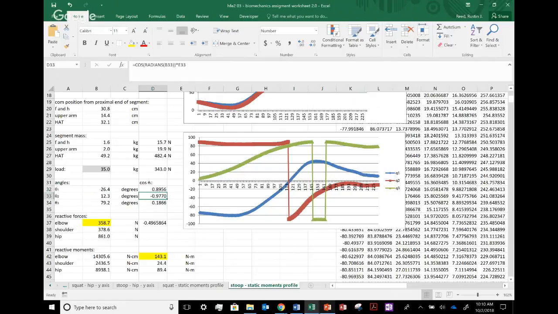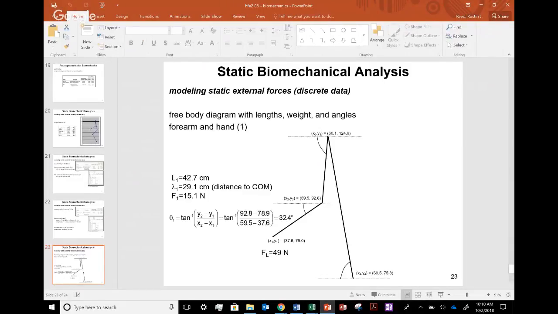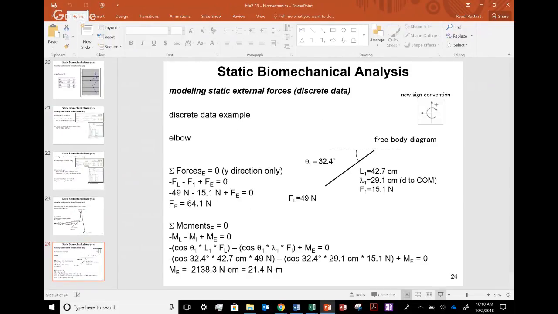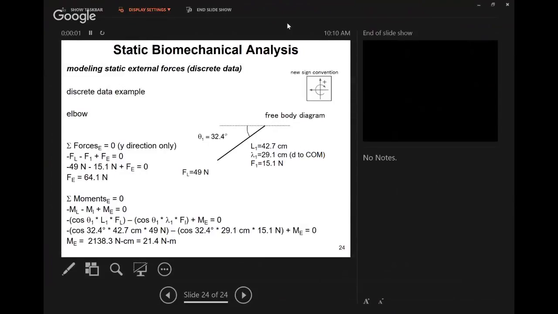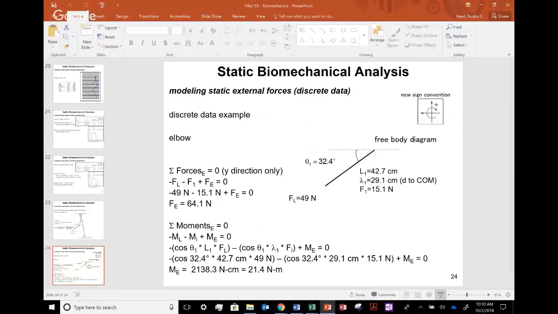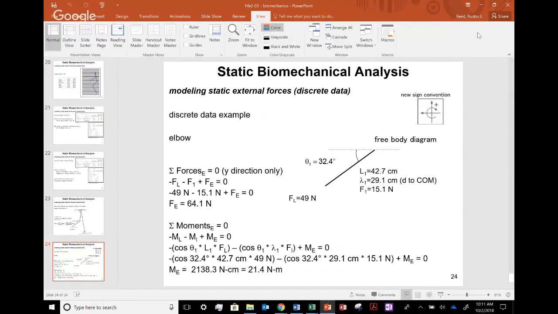So we've made it through this part. So here we get an angle in degrees. I know how to stop the presenter view. Where is it?